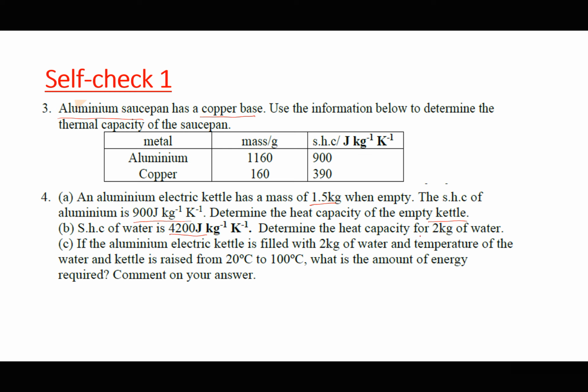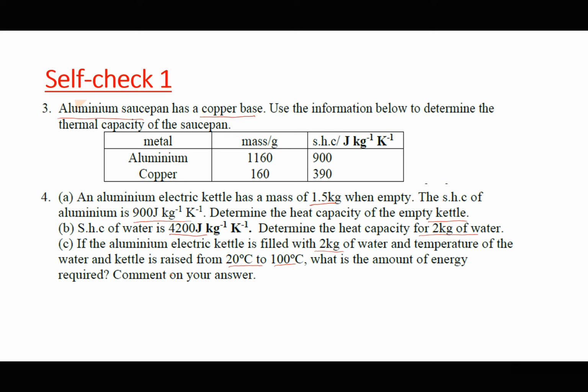Determine the heat capacity for 2 kilograms of water. That one is easy. If the aluminium electric kettle is filled with 2 kilograms of water and the temperature of the water and the kettle is raised from 20 degrees Celsius to 100 degrees Celsius, what is the amount of energy required? Comment on your answer.